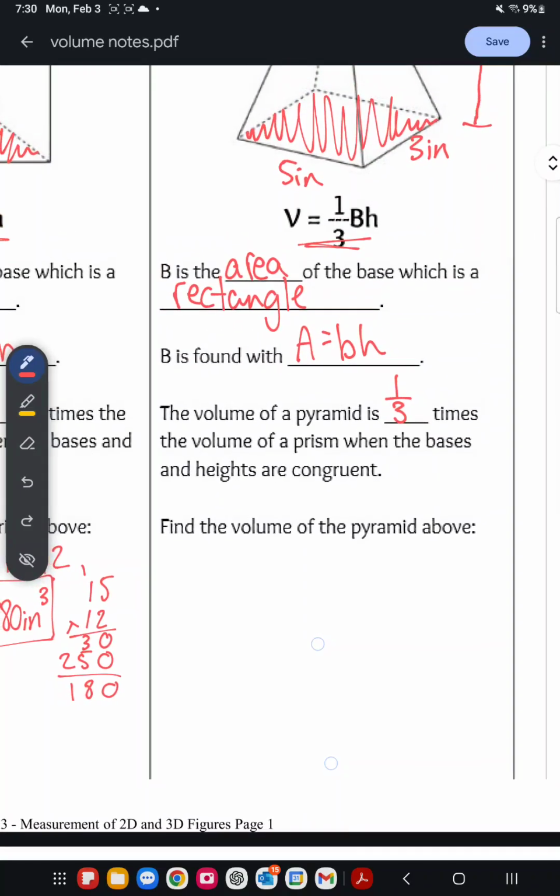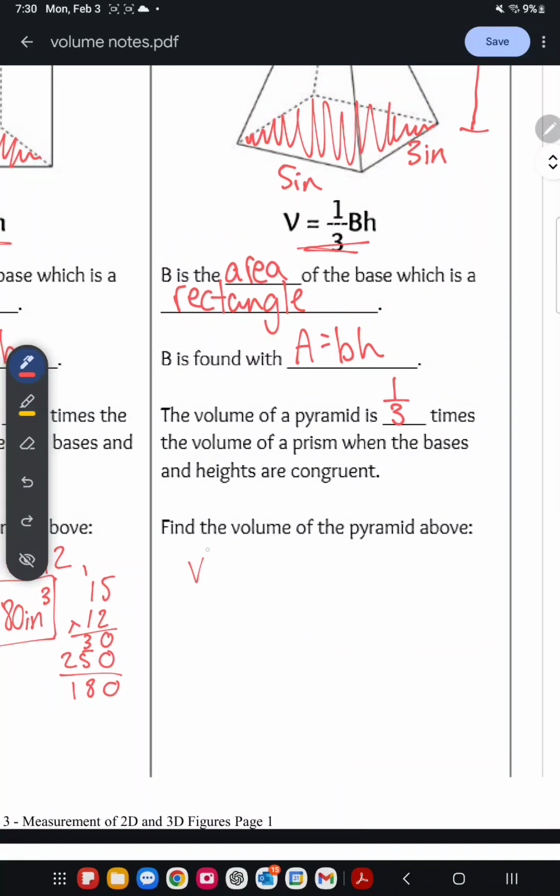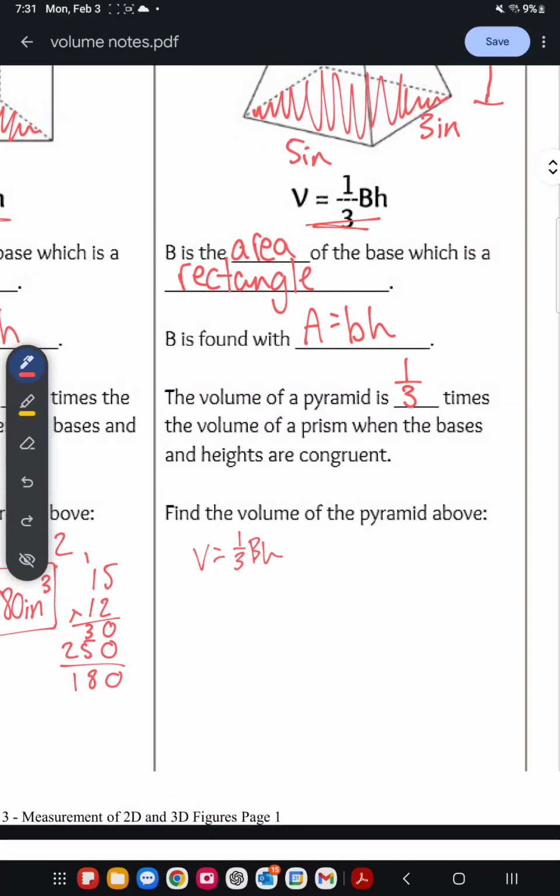All right, so the volume of a rectangular pyramid is volume equals 1/3 times the area of the base times the height. First things first, find the area of the base, capital B. Capital B is equal to base times height, 5 times 3, 15 inches squared.